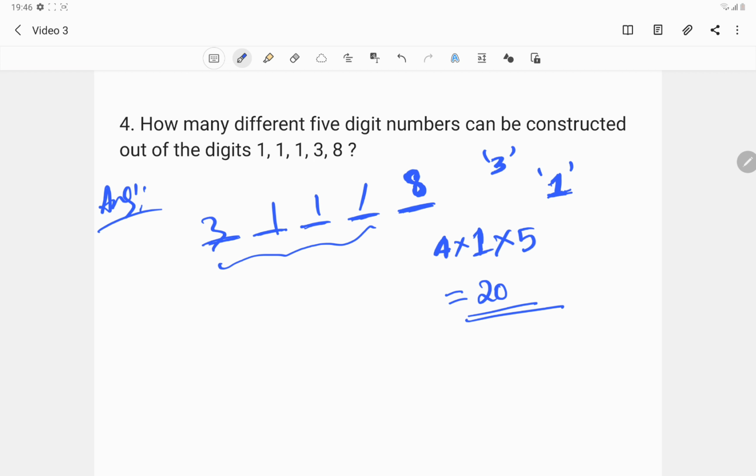So it has only one way because all are similar. I have solved this question thinking that 8 is in the units place. So 8 can be moved to any of these 5 places. So that is why I have multiplied with 5. So the answer is 20. Thank you for listening to me.